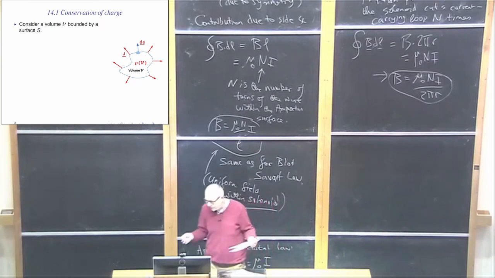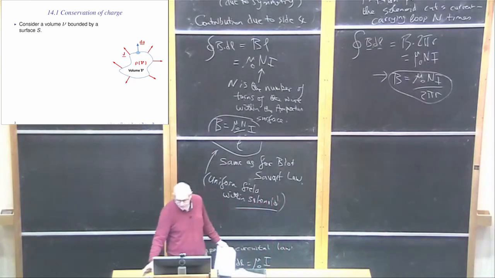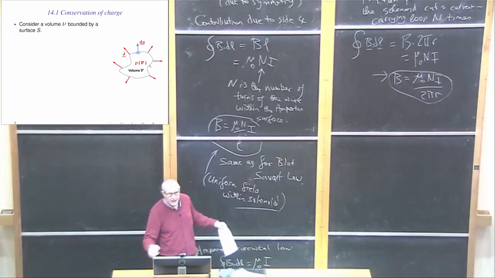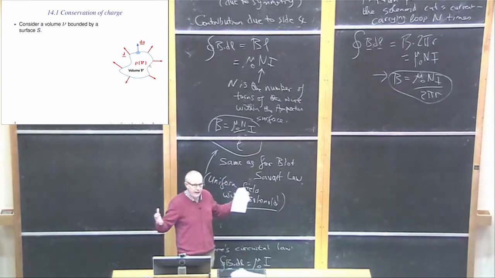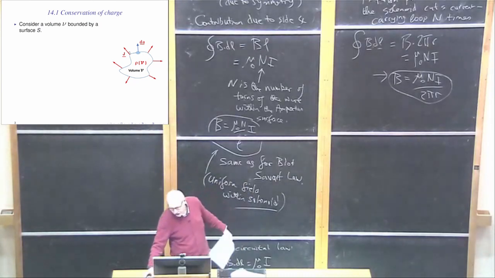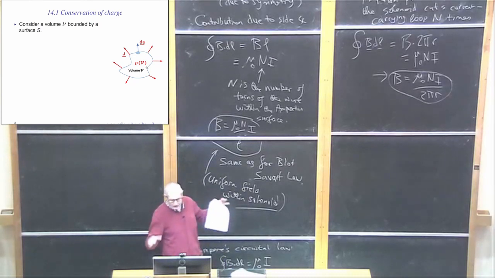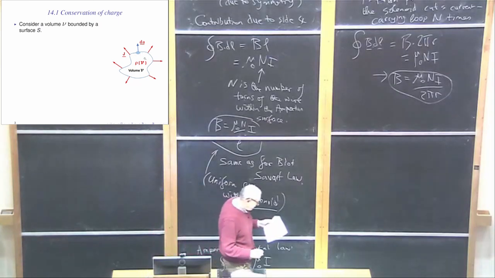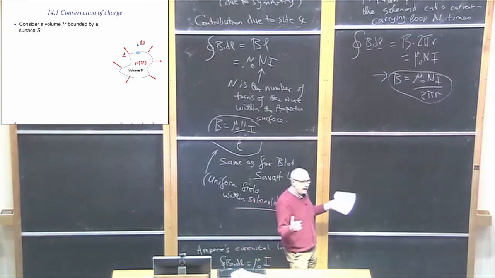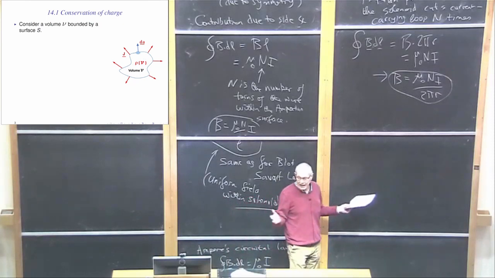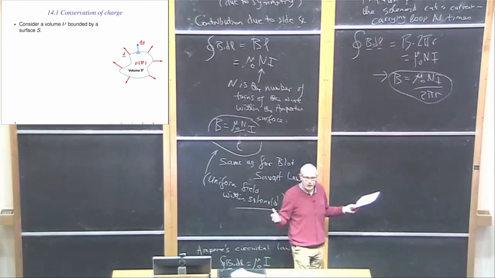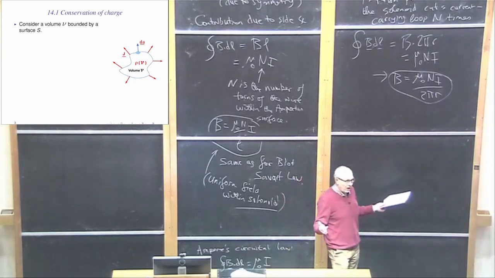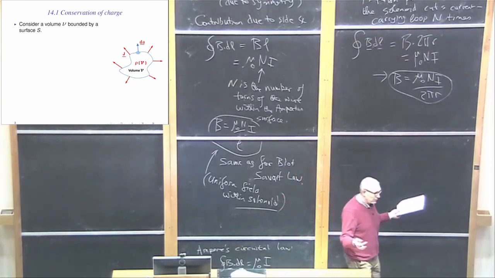If you've got a volume V, and there's current flowing out of it, J means current density. It's current per unit area, and it's flowing out of this surface A. And here is a small element of surface. So obviously, if you're flowing current out of this enclosed volume, you're losing charge from the volume.